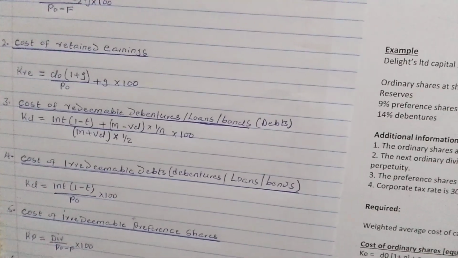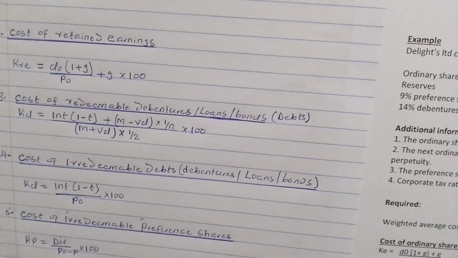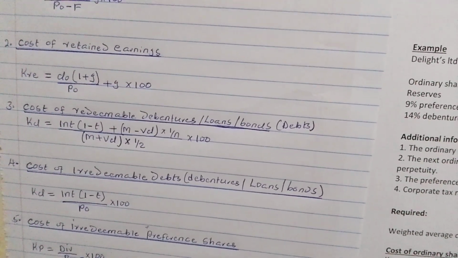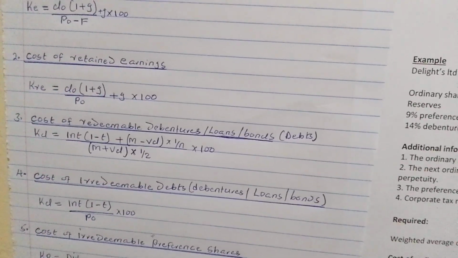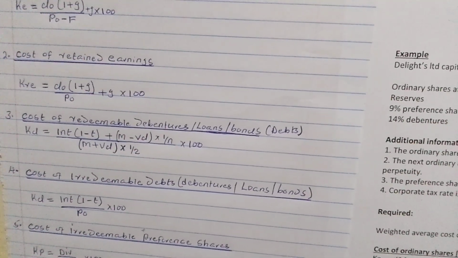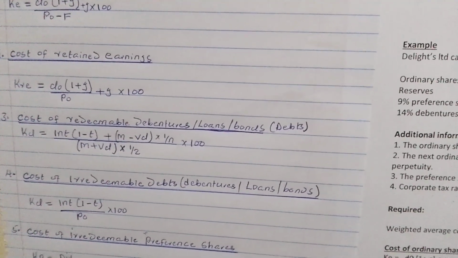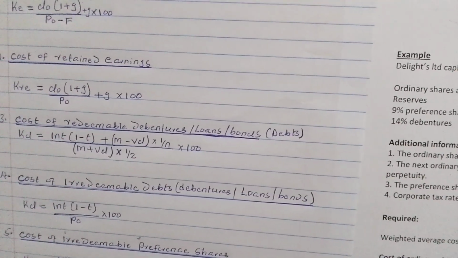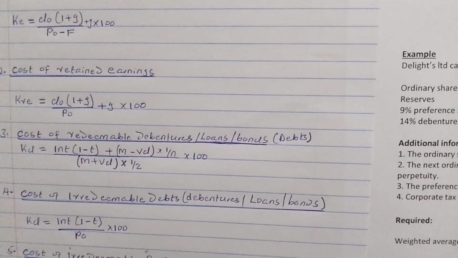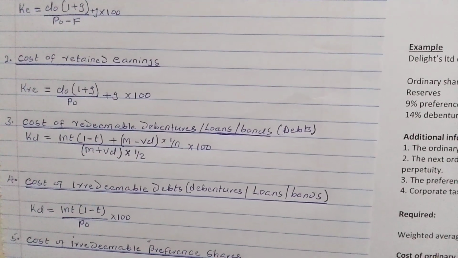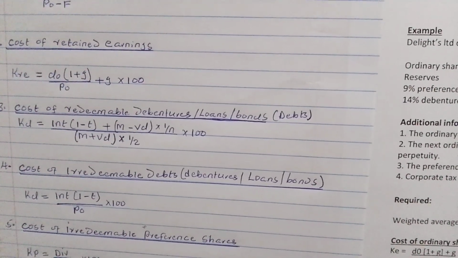The formula remains the same. If you have a debt, what you incur as a cost is interest. If a business enterprise obtains a loan, then you have to pay the principal amount plus the interest.